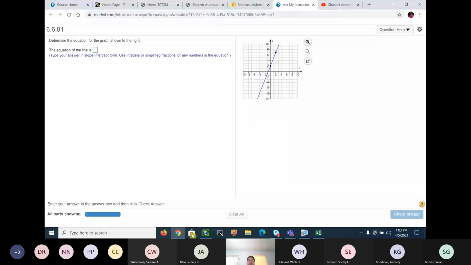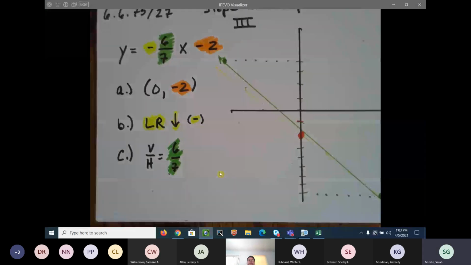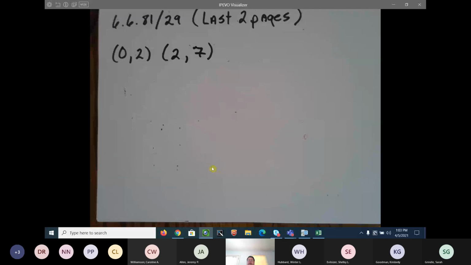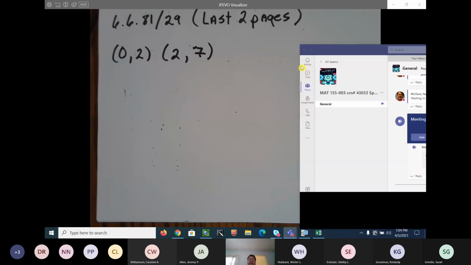So let's look at what we got here. Now, what I mean the last 2 pages. Well, hold on a second. I'll show you. For some of those people that are lone wolfing and don't know what's going on, go to your files.